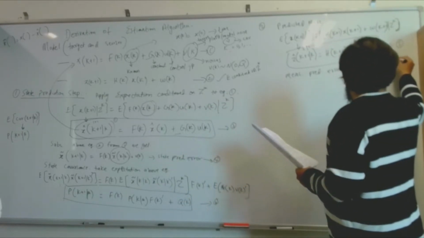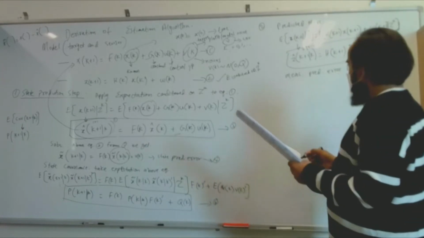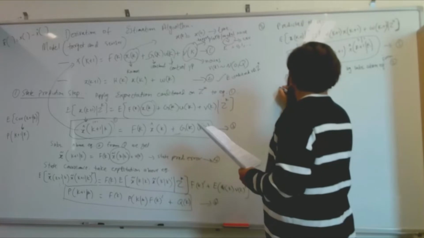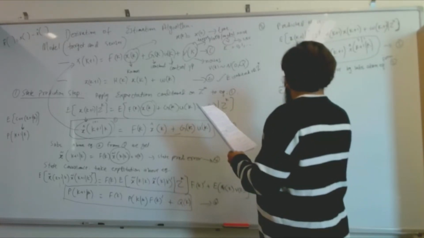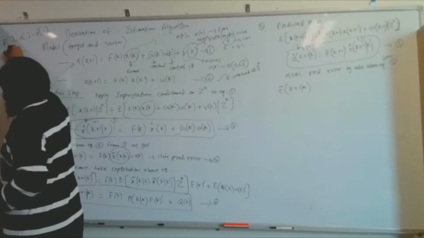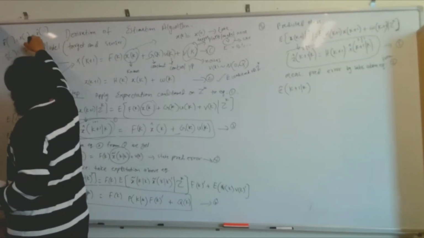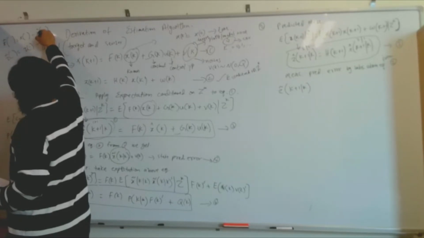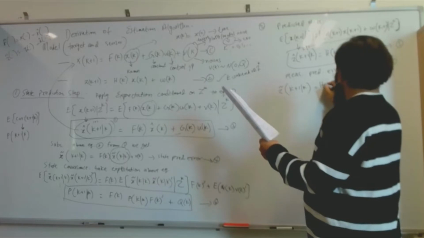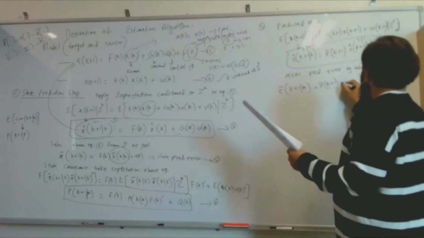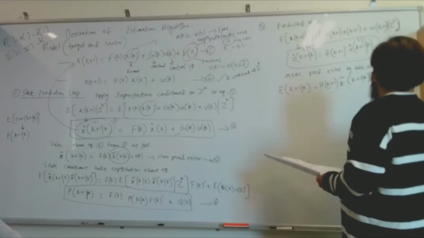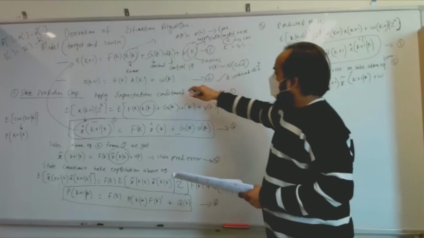So if we subtract this from this, it is similar to the way we did here, and this is equal to h of k plus 1 times the state error, plus w of k plus 1.